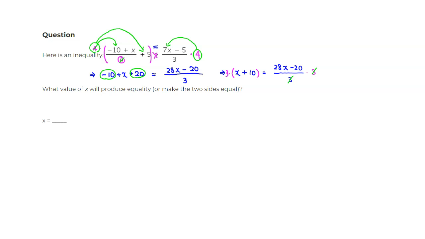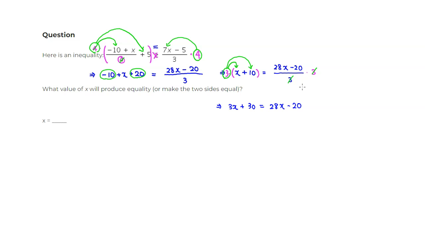By distributing 3 to x, we get 3x, and then distributing 3 to 10, we get 30. And then we have 28x minus 20.